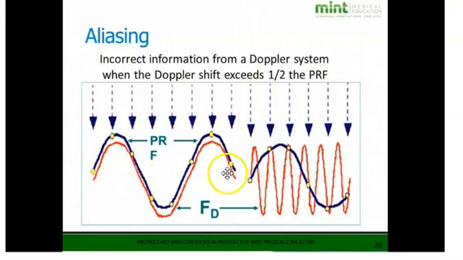This is what this wave looks like, and here's where we're sampling it. Over here, this wave is going too fast, and therefore we can't sample it. It has exceeded our Nyquist limit, which is 1/2 the pulse repetition frequency.